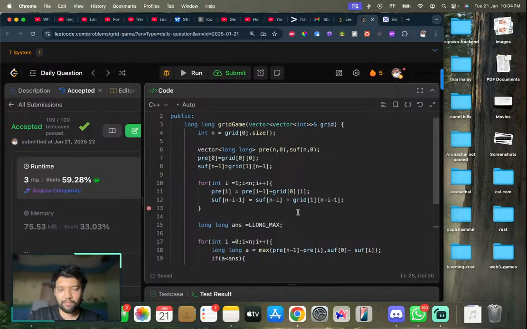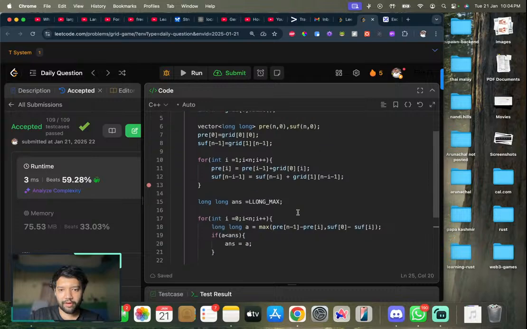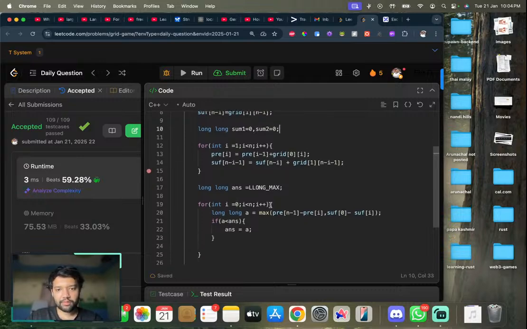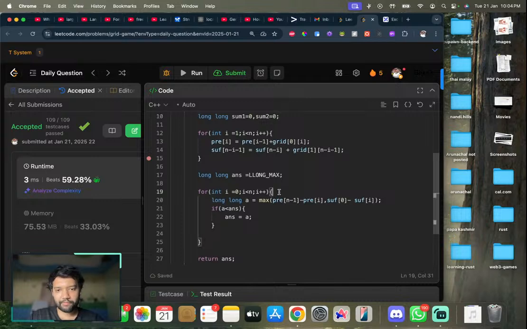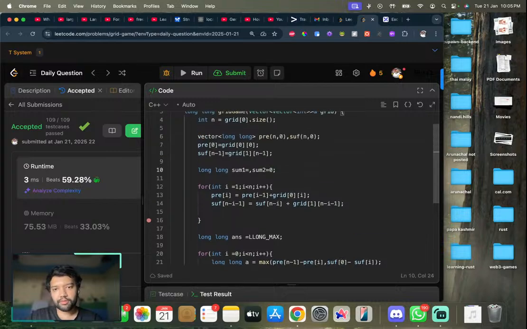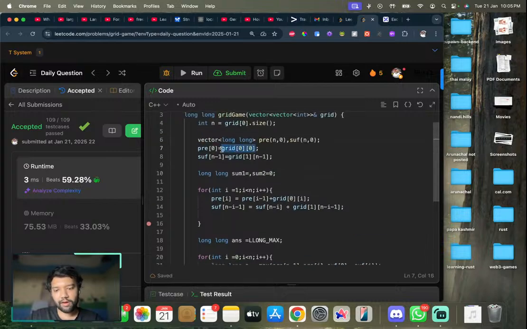So long sum one comma sum two is equals to zero. This will be equals to this.